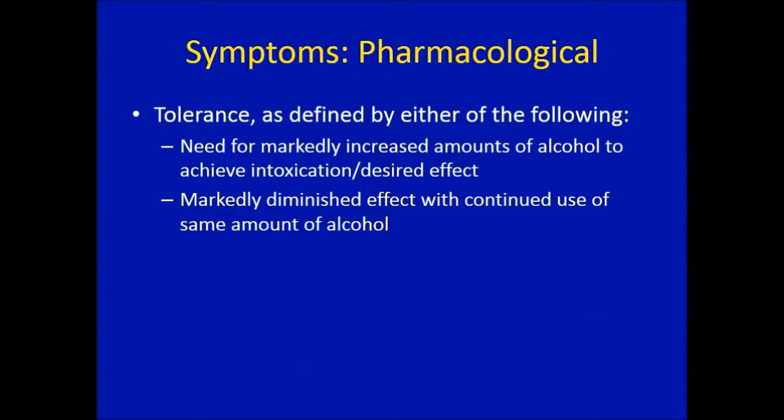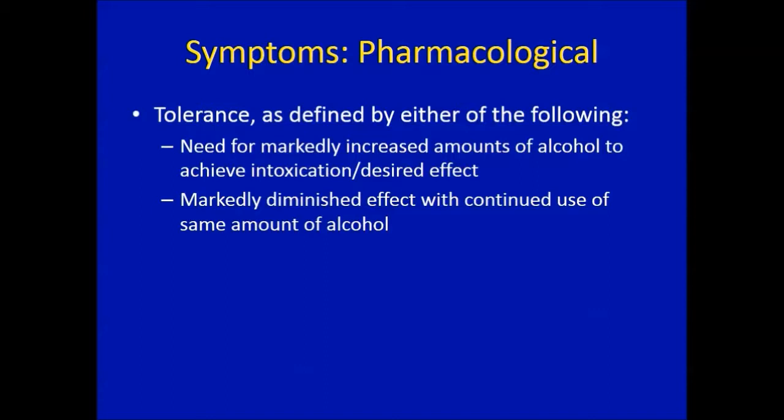So they're trying to get buzzed. Perhaps when they start drinking, they require 3 to 4 drinks to achieve that level of intoxication. Over a sustained period of time of drinking, they may require more alcohol. So 5 to 6 drinks, 7 to 8 drinks. So requiring a larger amount of alcohol to reach that same level of intoxication.